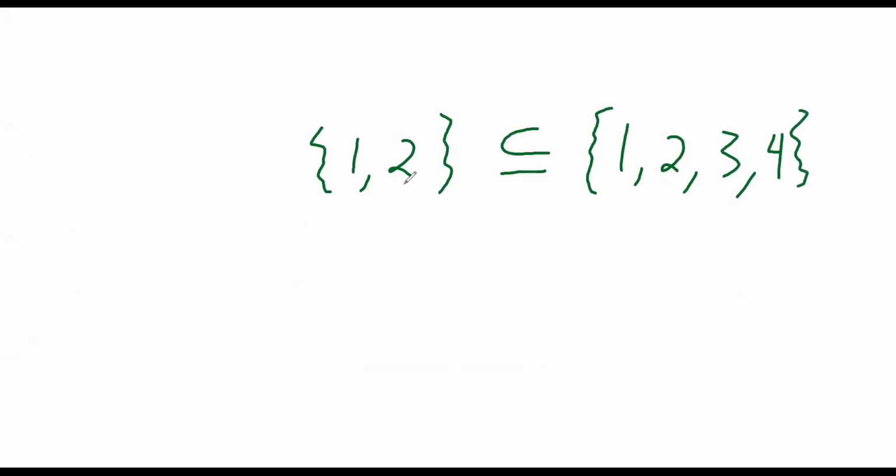Think about this example here. The set containing the elements 1 and 2. The set containing the elements 1, 2, 3, 4. Clearly, this is a subset of this, you can tell, because all the elements from here are found in here.